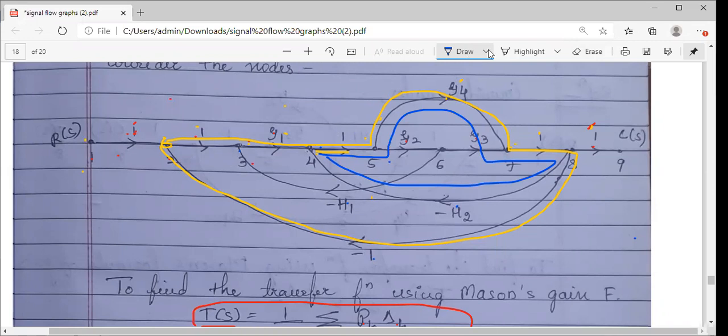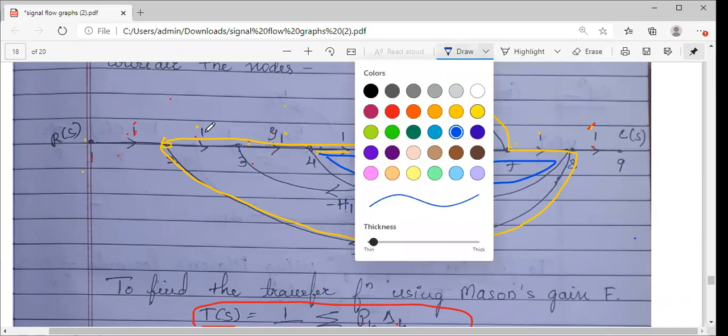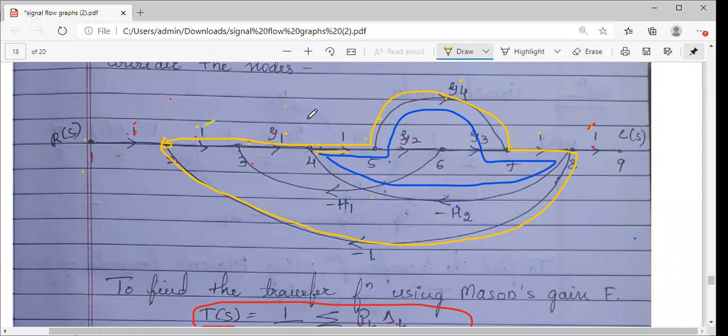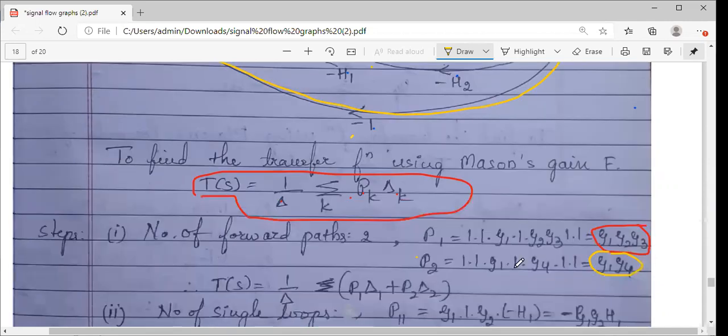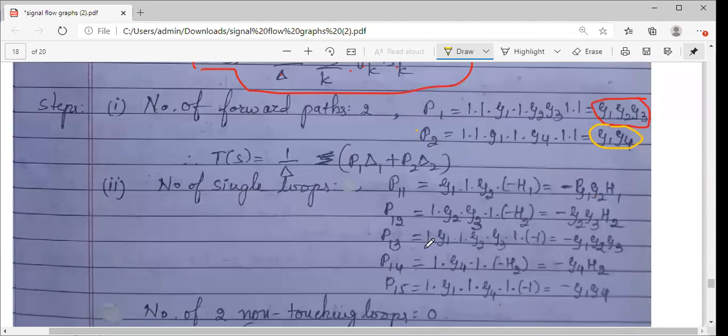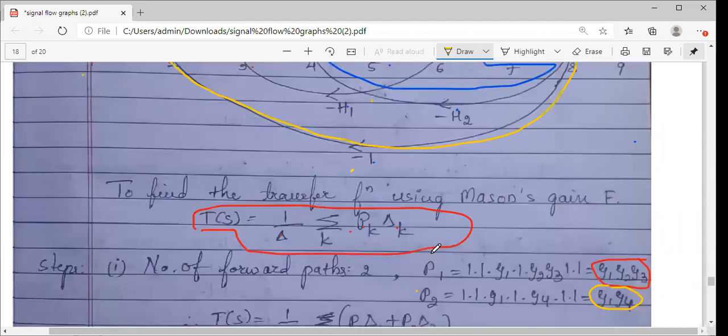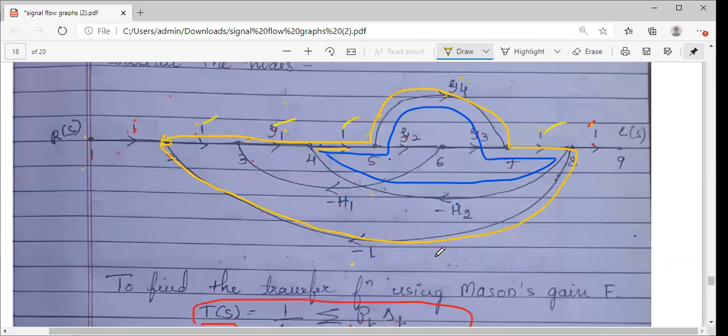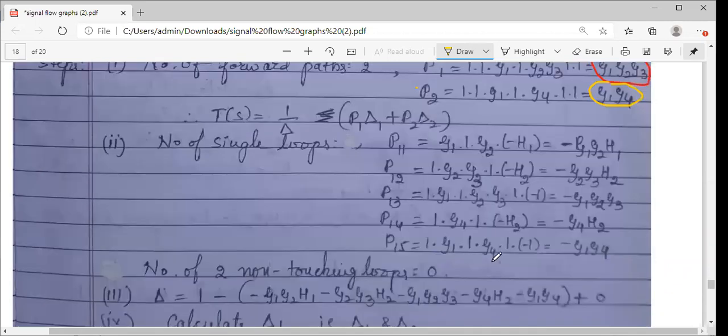So for the first yellow color loop, what is the gain value? 1 into G1 into 1 into G4 into 1 into minus 1. So this is the gain value for this loop. I have written here. Here it is probably 1 into G1, G4 and minus 1. So it's here. Last loop: 1 into G1, G4, minus 1.